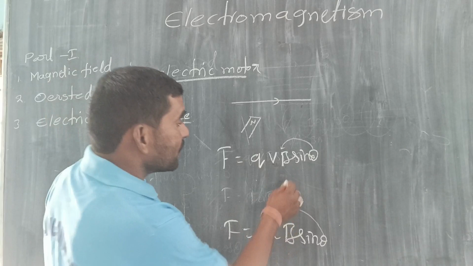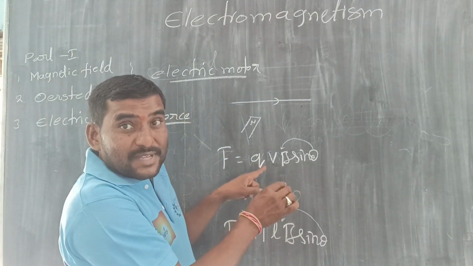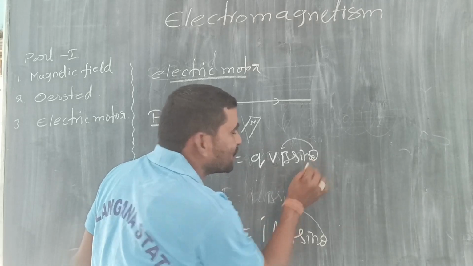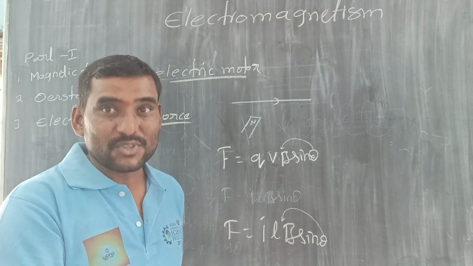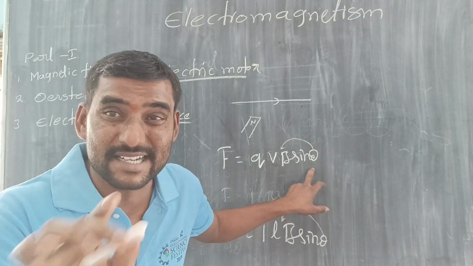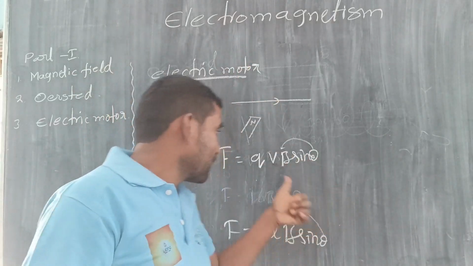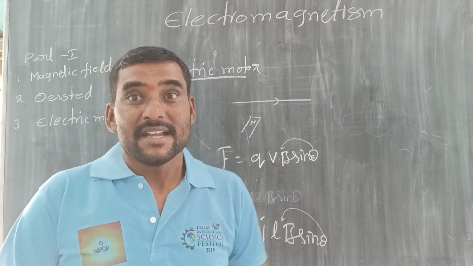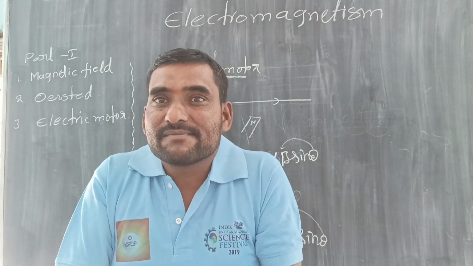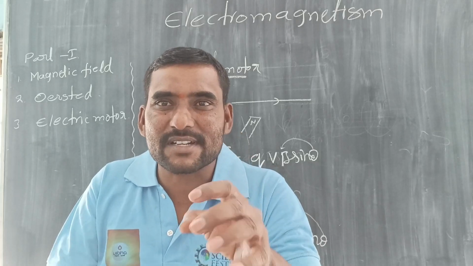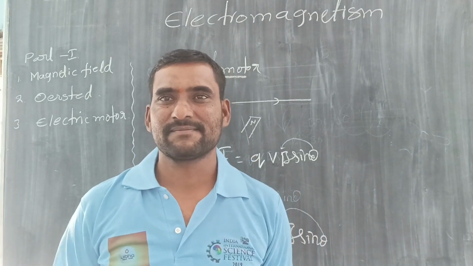If the charge is passing parallel to the magnetic field, no force will act, because parallel means theta is 0. If the charge is perpendicular to the magnetic field, force will act. If the charge is not moving, no force will act, because stationary charges do not have any magnetic field.